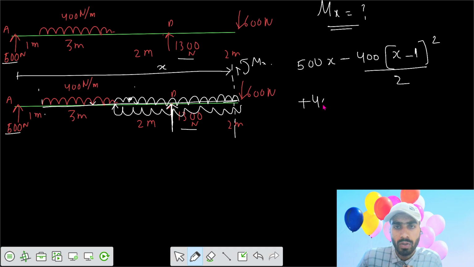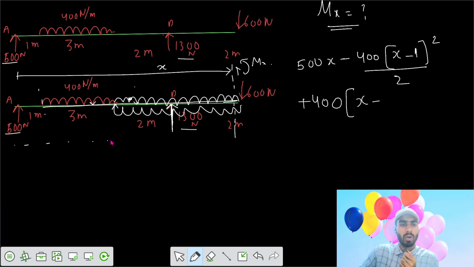So we can write positive 400 into (x minus 4) whole square by 2, since the upward UDL acts after you cross the point at 4 meter, but it's clockwise about that point x.